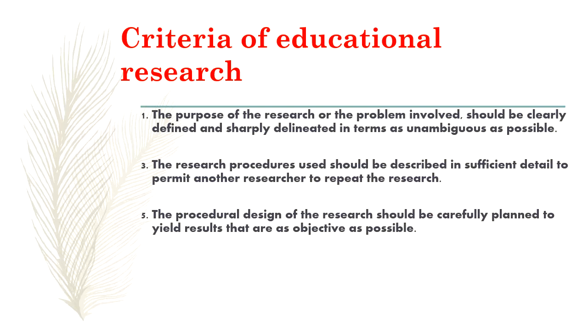So in this procedural design, when one thing will be introduced, when the other thing will be introduced, how it will go on, when the tests will be taken, how many days gap will be there, all these things should be planned beforehand, so that the result which we get from the study will be objective. That means it will answer the problem which we have chosen.